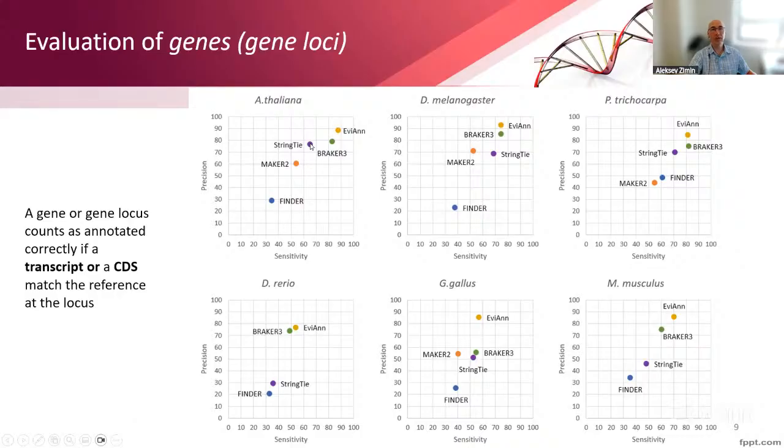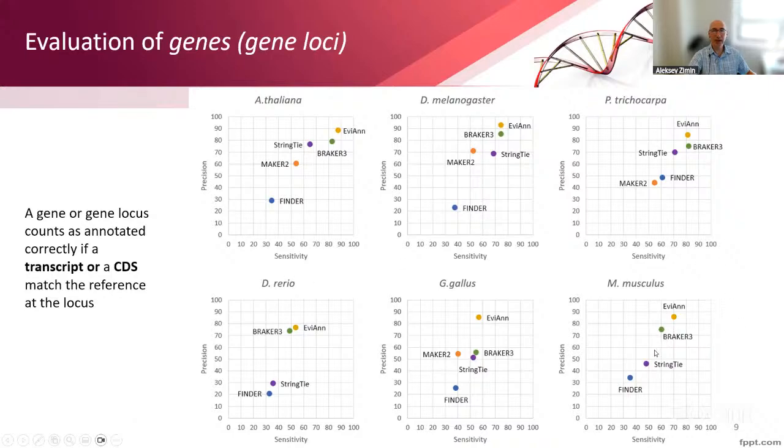It can't do CDSs, but it does pretty well in gene loci. And sometimes it even beats Maker2. But of course, BRAKER3 and EviAnn do provide a lot of value over the StringTie transcripts that they take as input. Over here, you also see that Maker2 results are missing from Danio and mouse genomes.